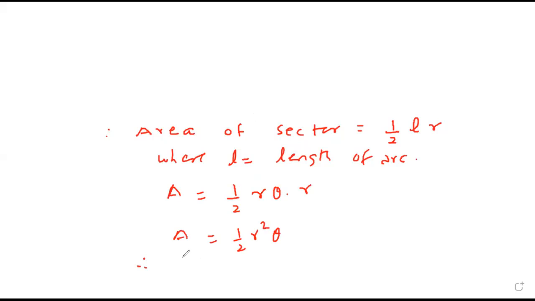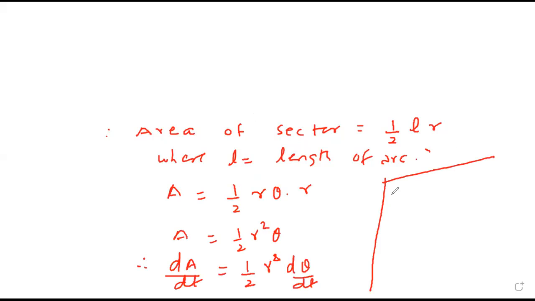So now change in area with respect to time is half times r square, which is constant, times d theta by dt. What is d theta by dt called? Angular velocity. Superb. It is nothing but angular velocity denoted by omega.